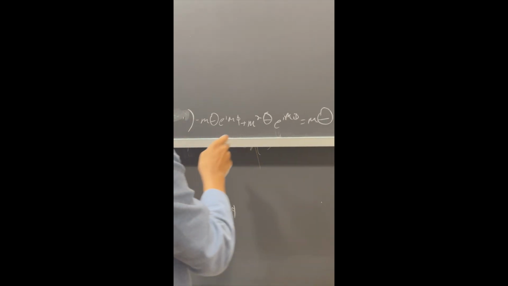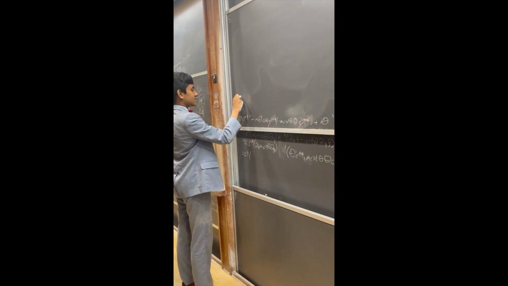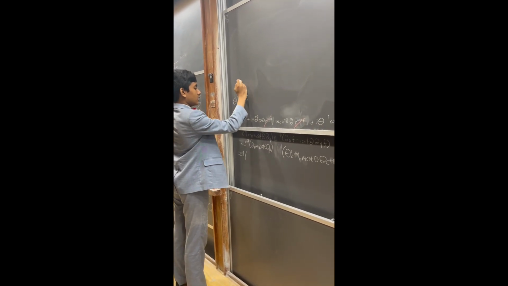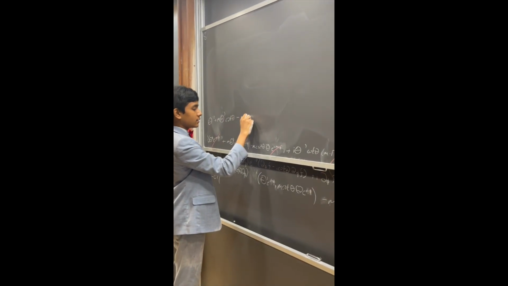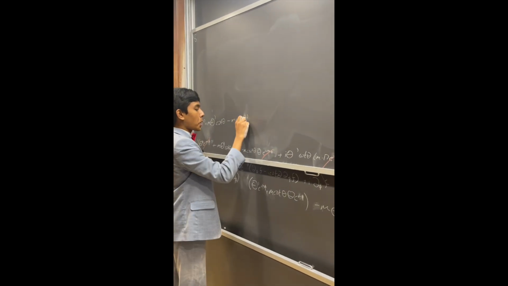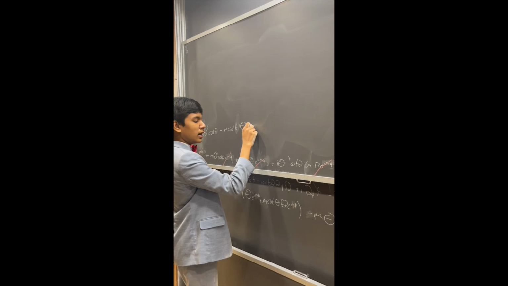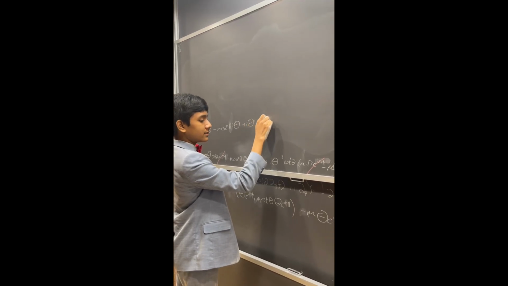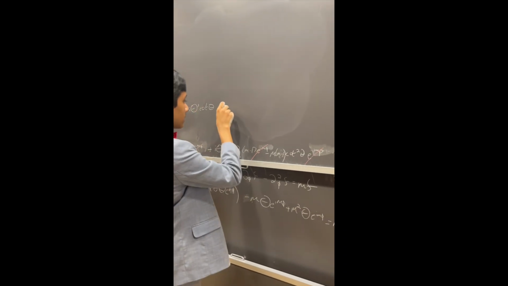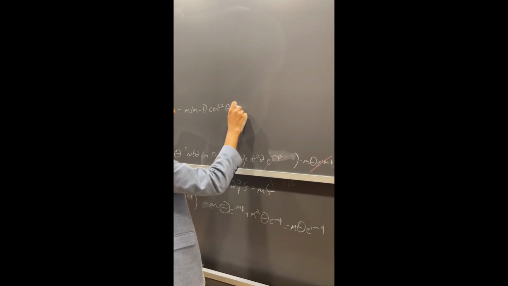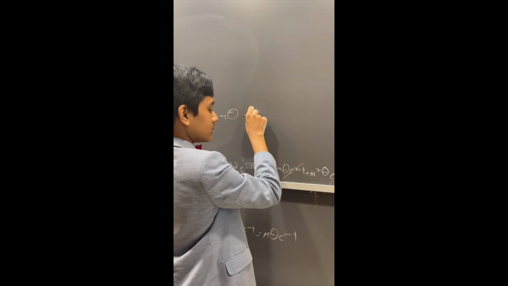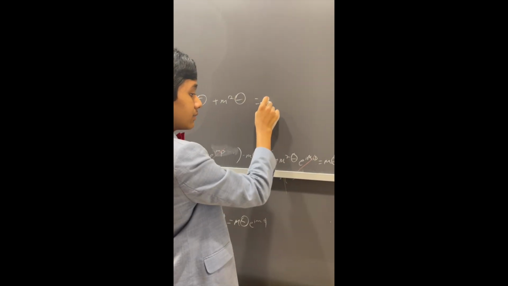We can finally get the gratification that we've been waiting minutes to get. I love instant gratification. Theta prime cotan theta minus m cosecant squared theta plus i theta prime cotan theta minus m times m minus 1 cotan squared theta minus m theta plus m squared theta is equal to m theta.